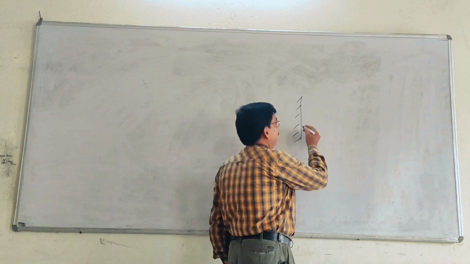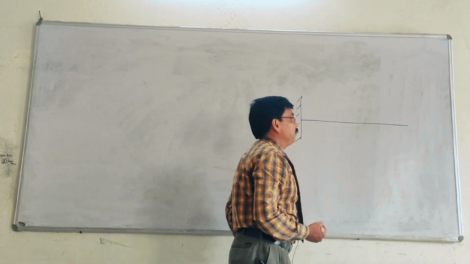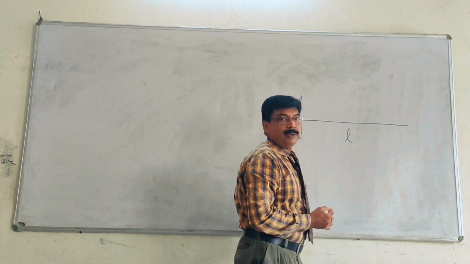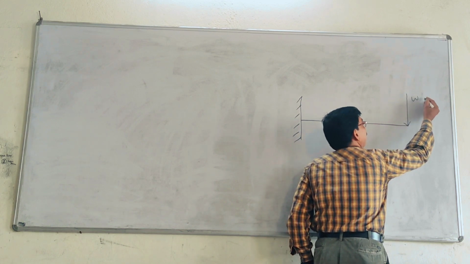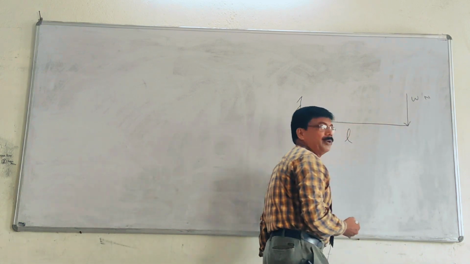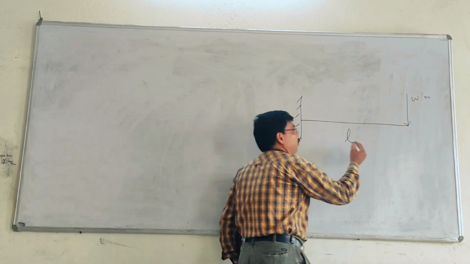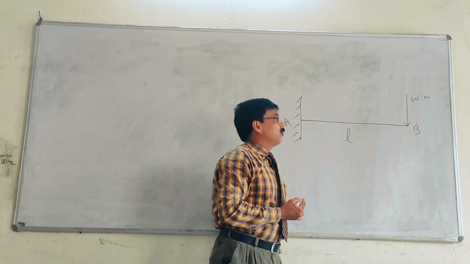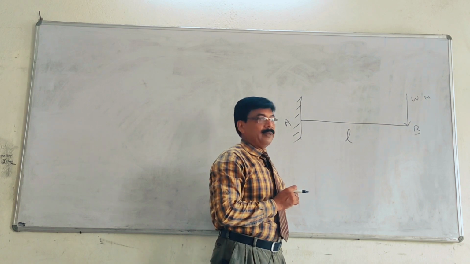A cantilever beam of length L is supported with a point load, say W Newton. Suppose AB is the beam, a cantilever beam, with only one point load acting at B.